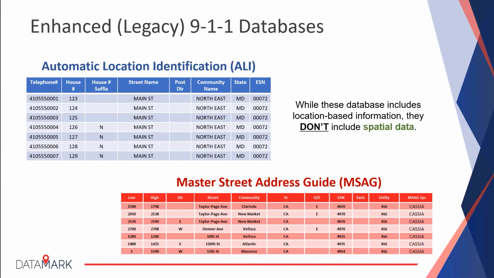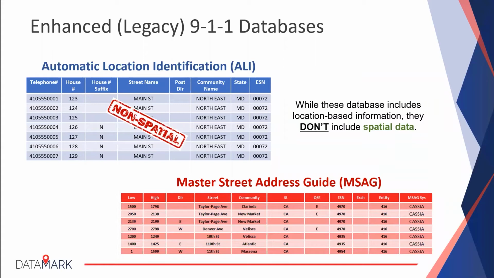It includes the telephone number, the house number, suffix or pre-directional. It has a street name, post-directional, community name. The ALI itself does include location-based information, but it actually is a non-spatial tabular database.